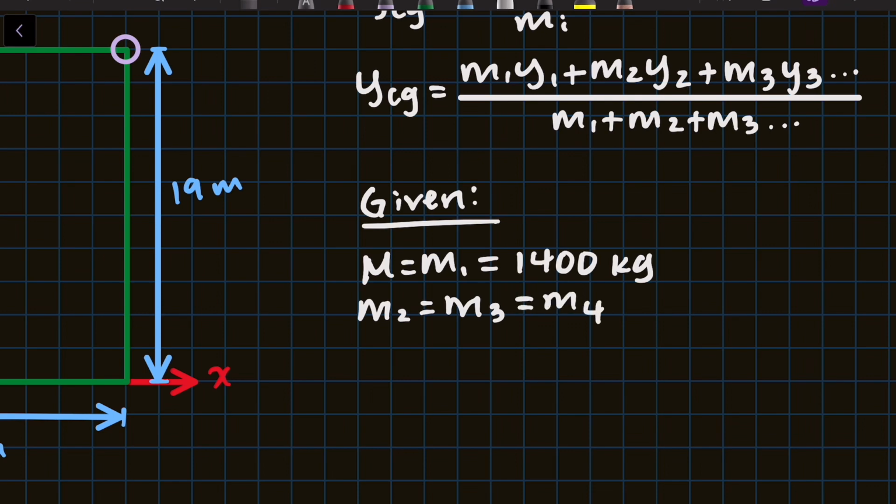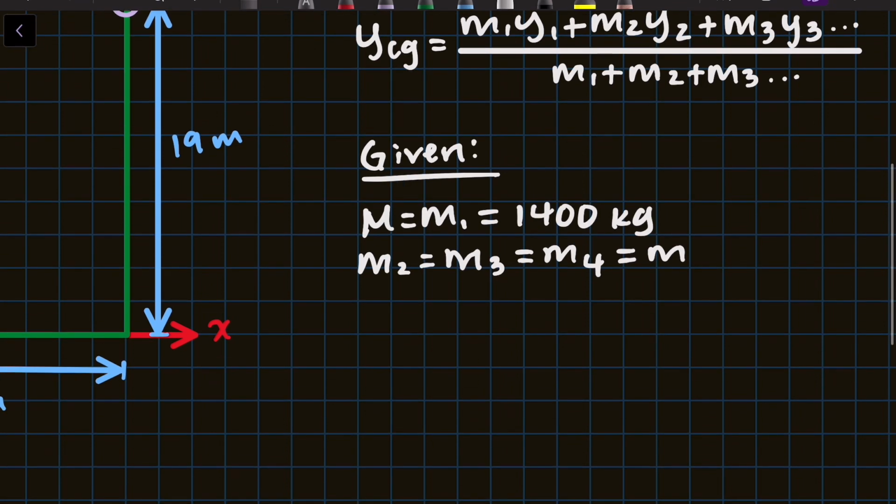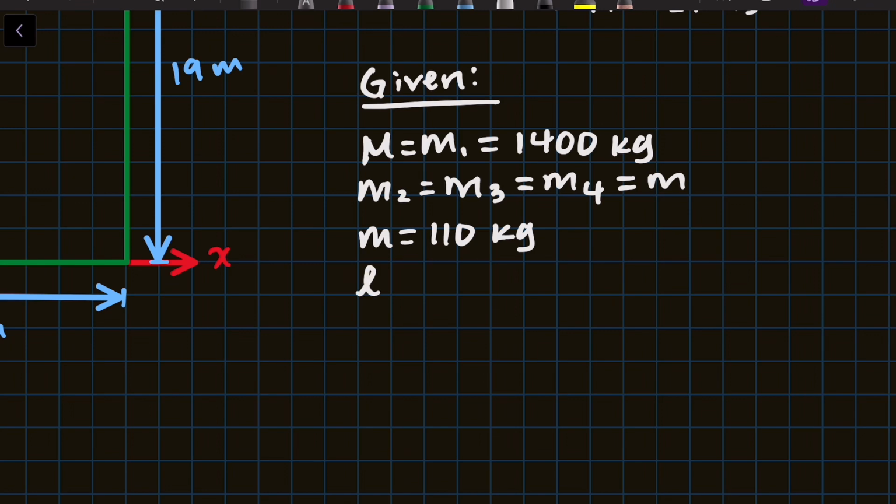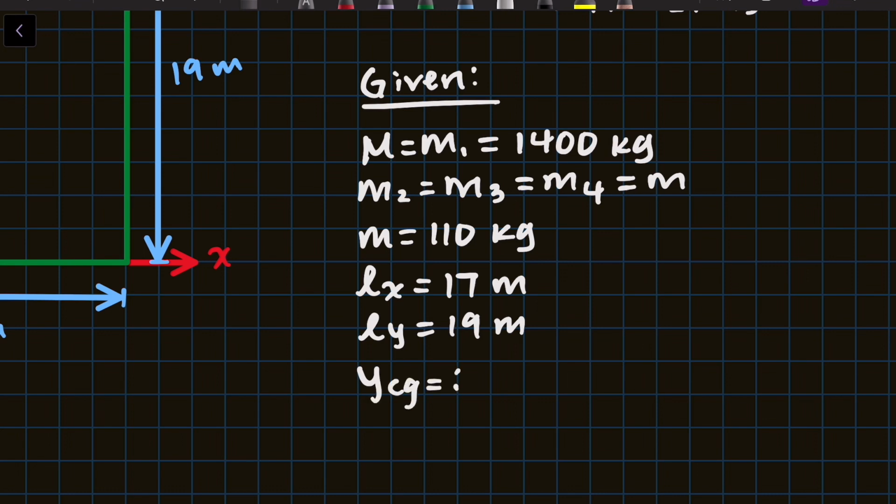Those are the couples, and I'm just going to call this mass M because it's the same. Mass M is equal to 110 kilograms. We also know the dimensions of the dance floor. Along the X, we have 17 meters, and along the Y, we have 19 meters. And we have to find the center of gravity in relation to the Y axis.